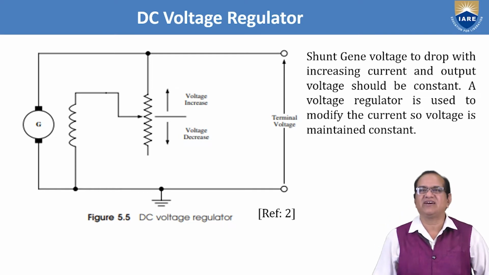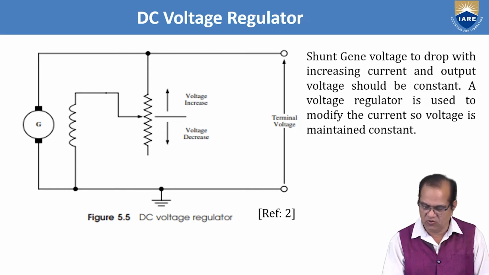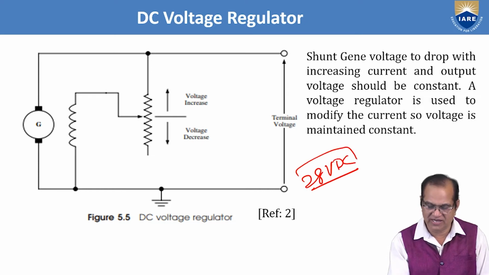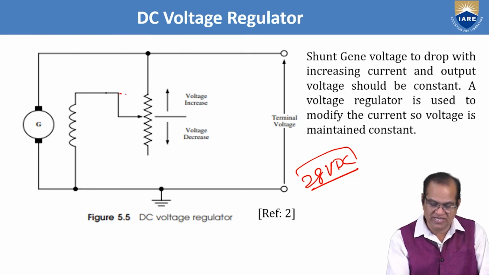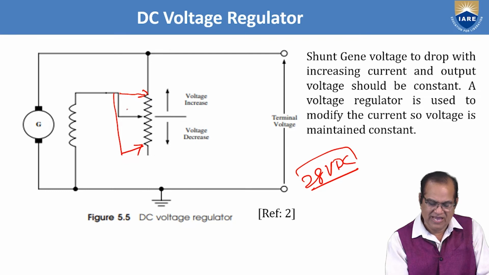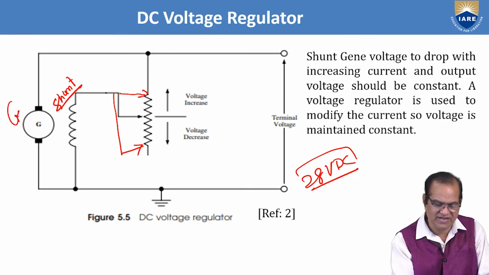If we increase or decrease the resistance, the voltage will remain constant. If you want 28 volt DC, we make sure the voltage increases. If you shift from here to here, it is the highest, and if you shift from here to here, it is the lowest. So it is a rheostat type of system. And this is the shunt, and here is the generator.